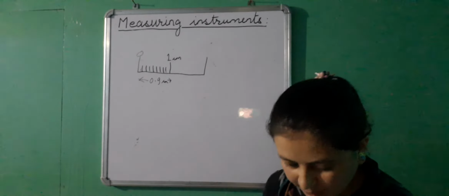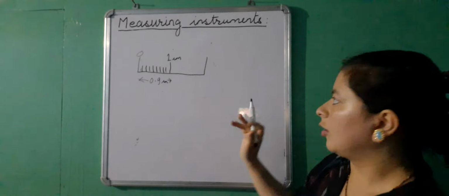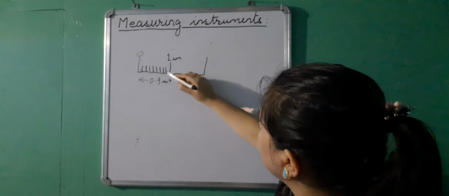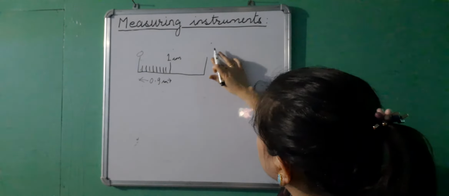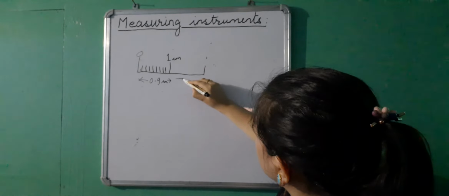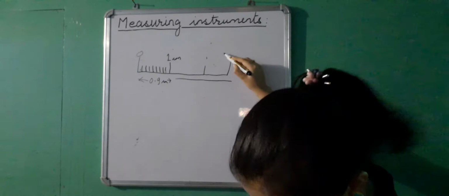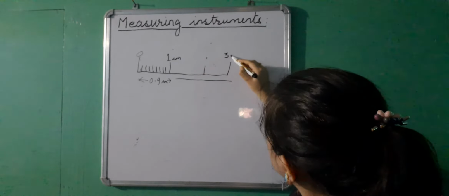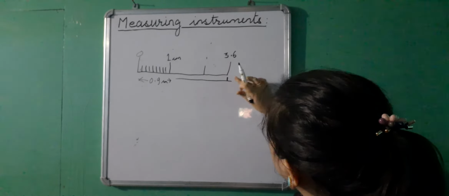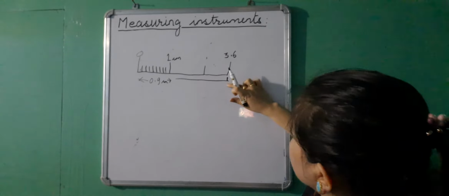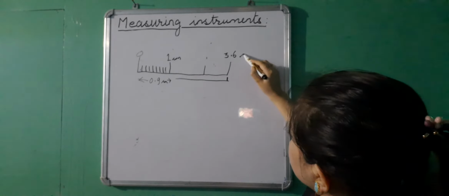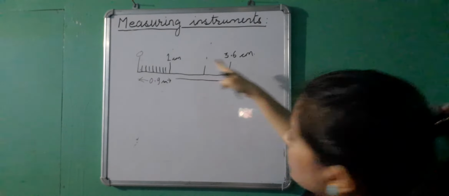Now suppose I measure the length of an object, which is somewhere here. Say the value of the length of the object that I am measuring is 3.6 centimeter. This is my observed value.